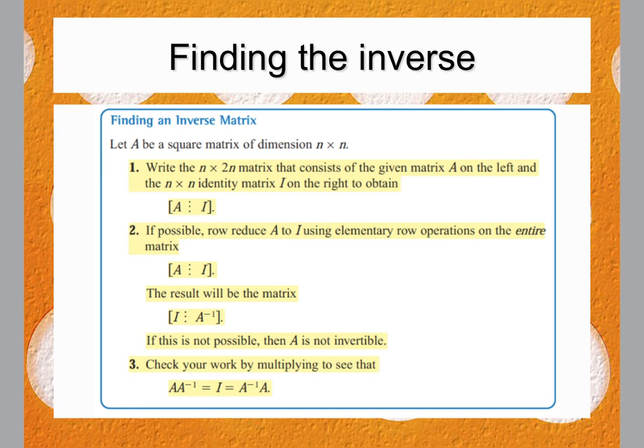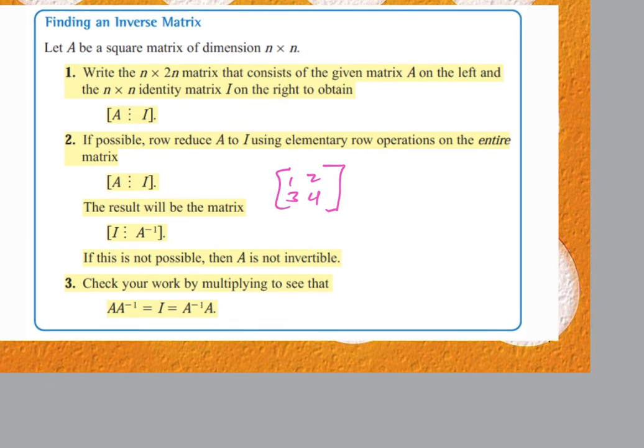So if my matrix is 1, 2, 3, 4, I'm going to put it side by side with 1, 0, 0, 1. So I put the original matrix on the left, and I put what I want it to be on the right-hand side. And then I have to use my row operations to get this into this pattern.